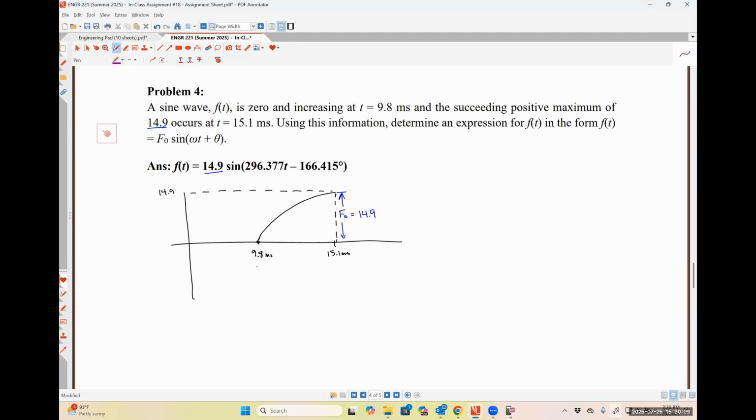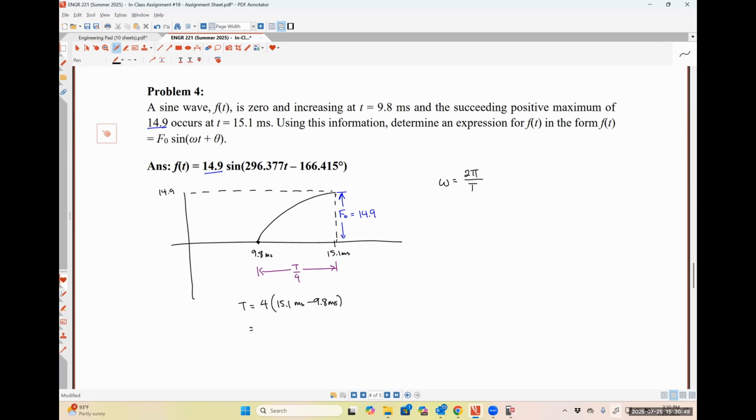So this amount of time from 9.8 milliseconds out to 15.1 milliseconds is our period divided by 4. We know that omega is equal to 2 pi divided by our period, right? So based on this information, our period is going to be 4 times 15.1 milliseconds minus 9.8 milliseconds.